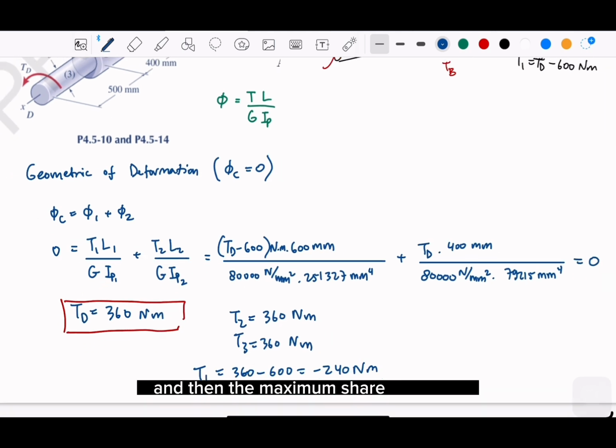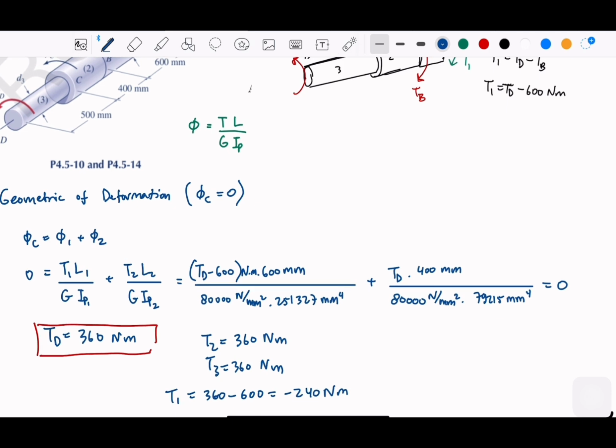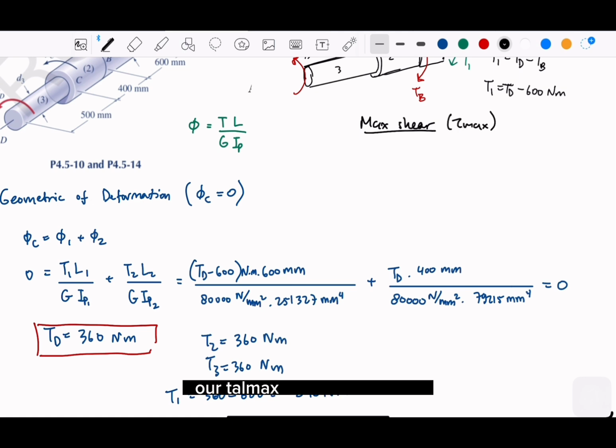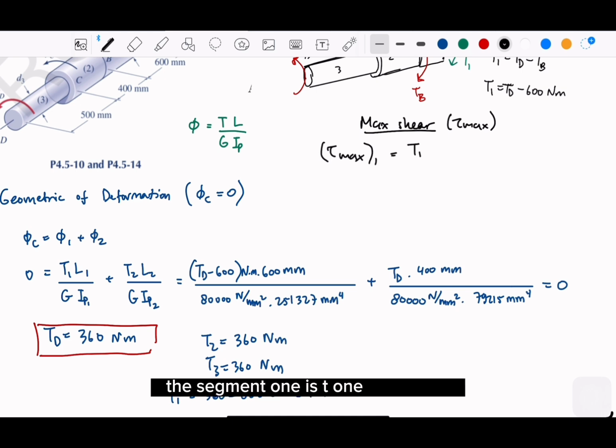And then the maximum shear, we can write. So maximum shear, or tau max. So tau max for segment 1 is T1 R1 divided by the inertia.